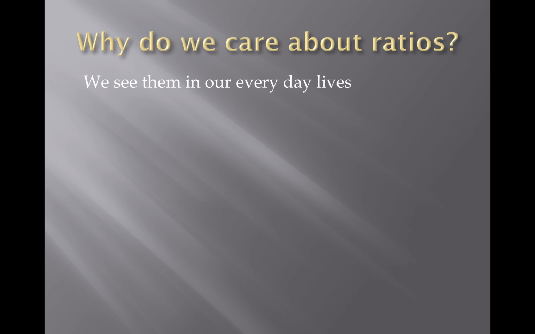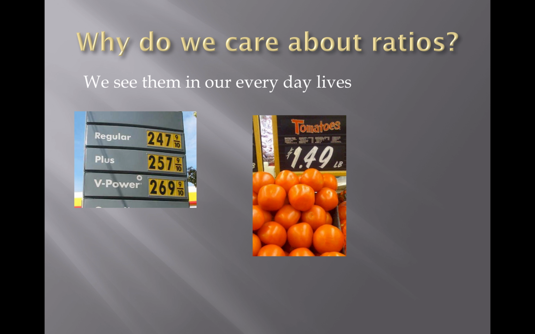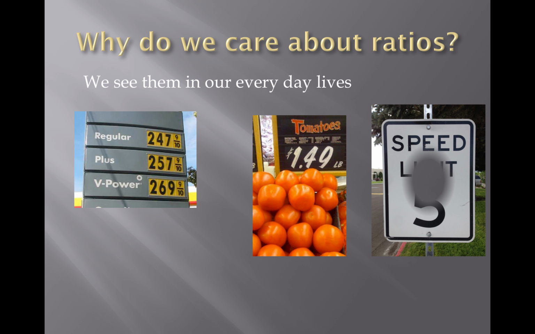Why do we care about ratios? We see them in our everyday lives. We see them at gas stations, at grocery stores, and on our way home on the street. With gas prices, we could talk about how much it costs per gallon.